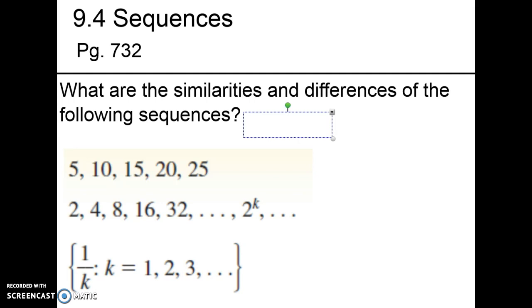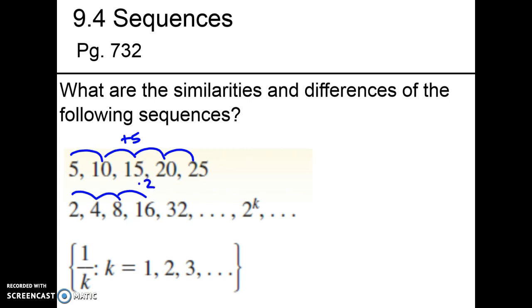Okay, so what are the similarities and differences of the following sequences? You've obviously seen lists of numbers before, but they've got certain patterns here. Hopefully you can see that maybe with this first one we keep adding 5, and then here we keep multiplying by 2, and here we keep adding 1.